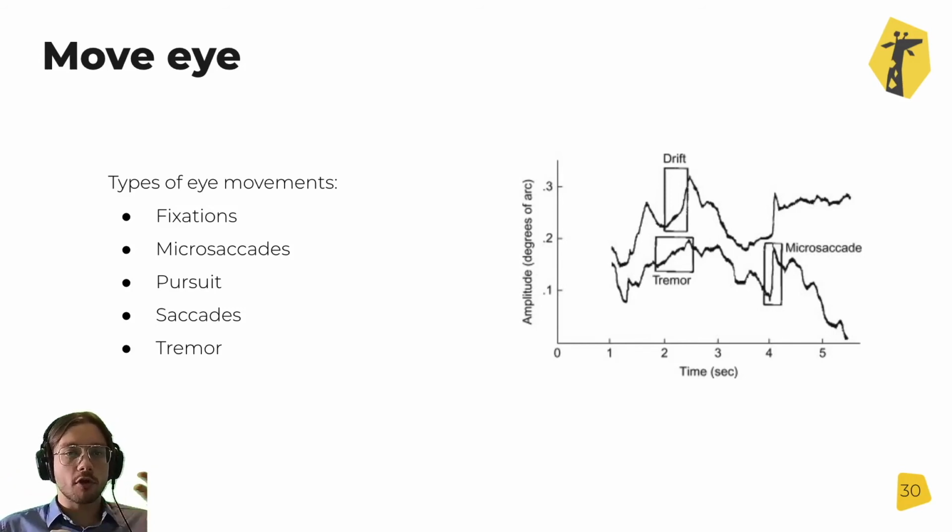As you remember from the previous slide, there is only a small area of color vision, and with the help of saccades we move our gaze from this to that, and this is how our brain computes a colorful representation of the world around us.